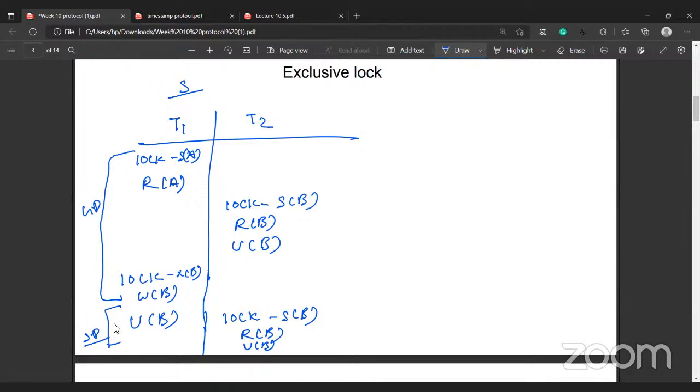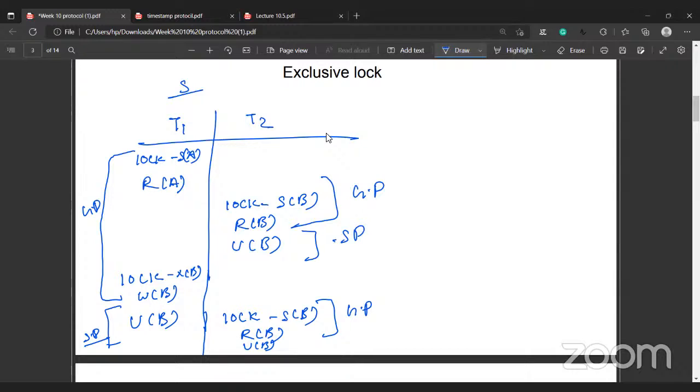Transaction T1 follows 2PL, but in transaction T2, there is a growing phase, then a shrinking phase, then again a growing phase. So this does not follow the two-phase locking protocol. So this schedule does not follow 2PL.